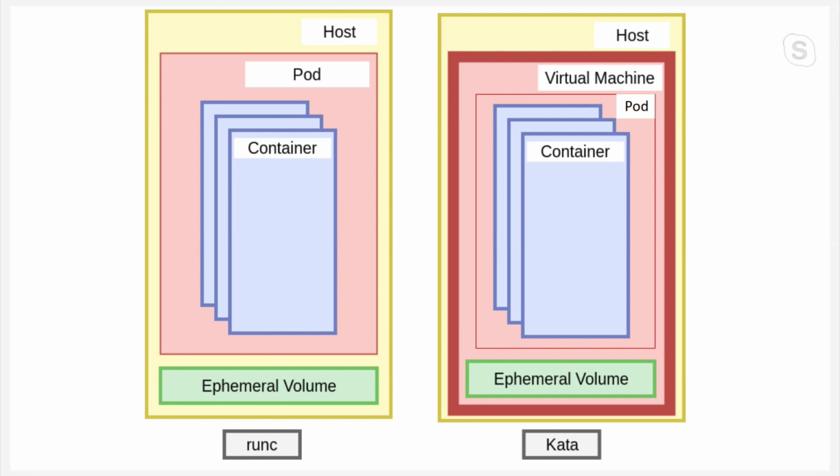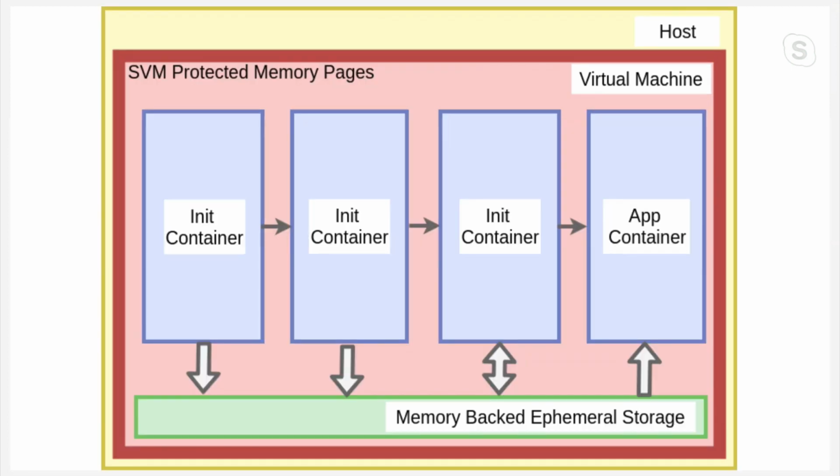That means there is no need to keep this data on the host as long as the pod is running. So when we use the Kata runtime, this volume is moved inside the confines of the virtual machine. And when you use SVM, this ephemeral volume and its contents will also be encrypted or protected from the host, just like any other memory content of the containers.